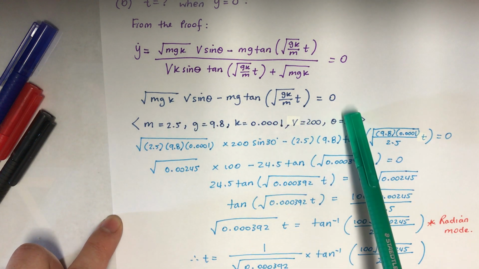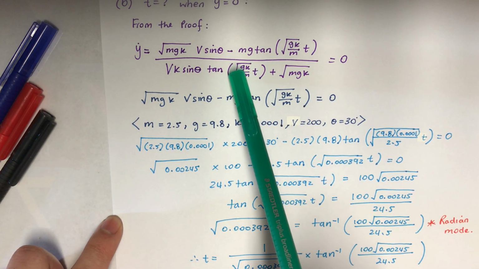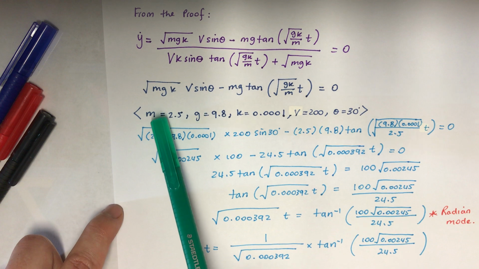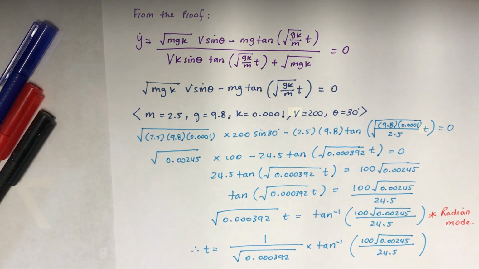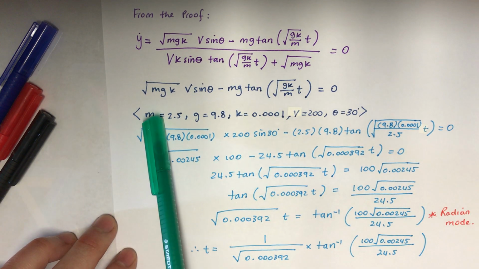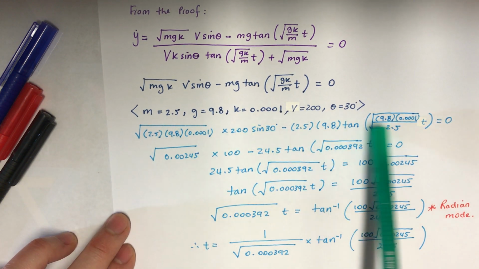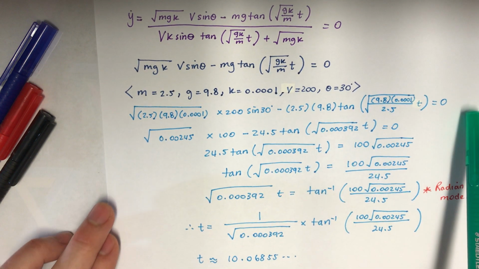So when we do that, the whole thing will be 0, and then you put all the information in there because it's just easier. When you put a number in, you feel better and safe, right? So we got all the information there. Just put that in, equal to 0.